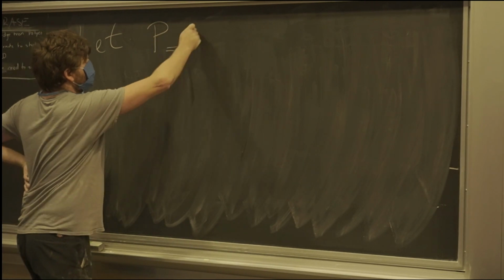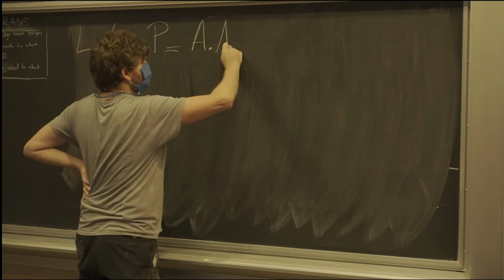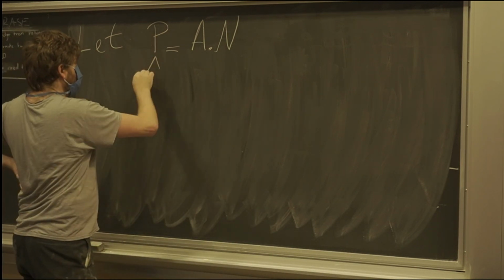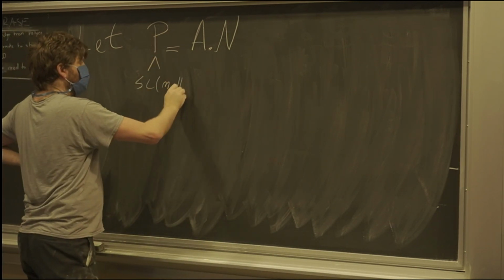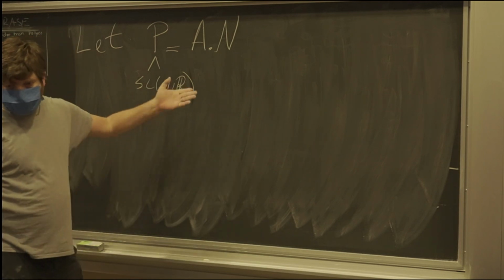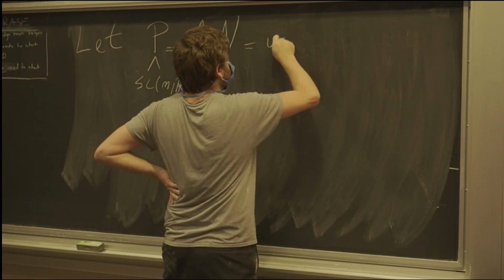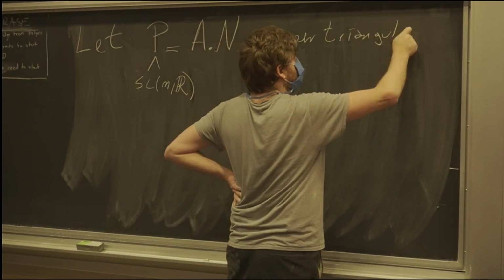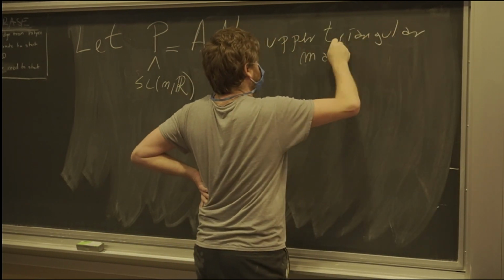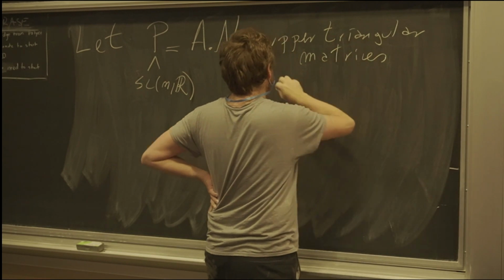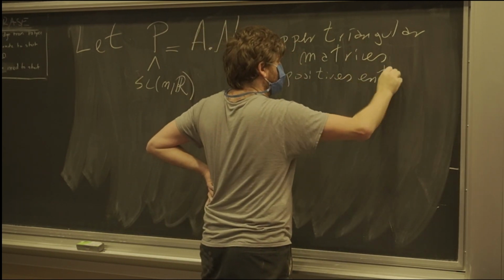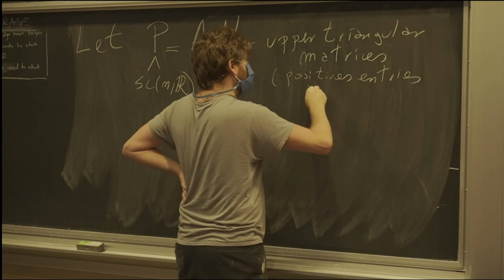Let P be A times M. Okay, so we are still working inside SL_n(R). So we have these which are just upper triangular matrices, positive entries in the diagonal.